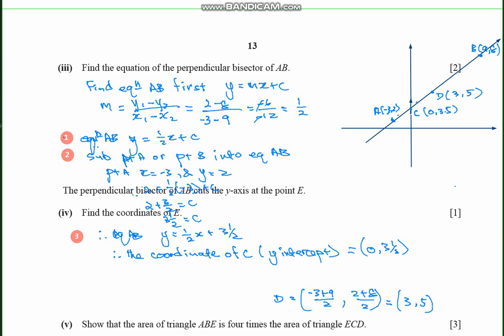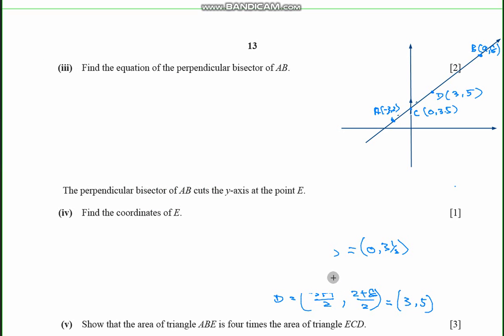Now the next part of the question is to find the equation of the perpendicular bisector of AB. This line here, AB, passes through D. I think this part I will not do because everybody knows how to do it.